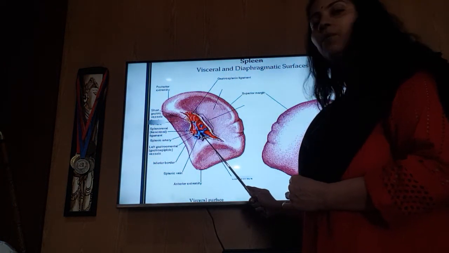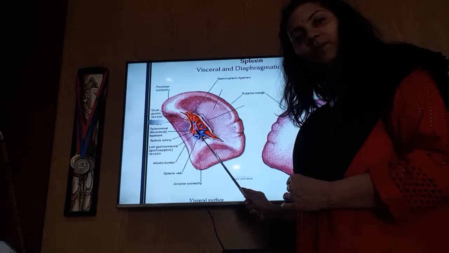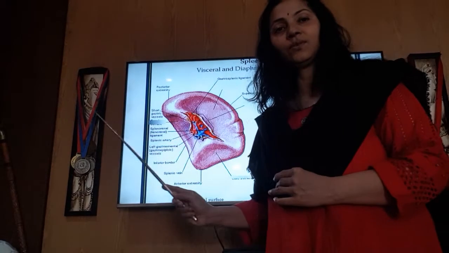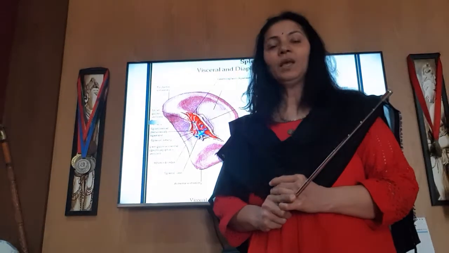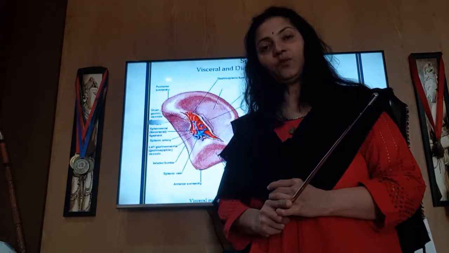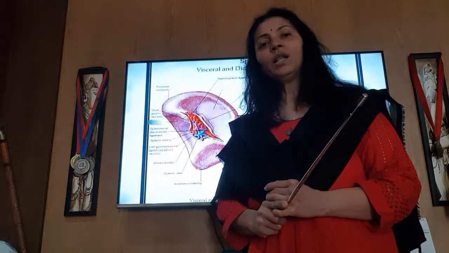It also comes out from the hilum of spleen, and then it reaches near the celiac trunk, where it joins superior mesenteric vein. But before it does that, it also receives the tributaries from the pancreatic veins as well as inferior mesenteric vein. But when it joins the superior mesenteric vein, both of them together behind the neck of pancreas form the portal vein.